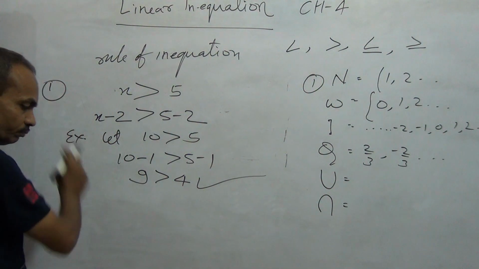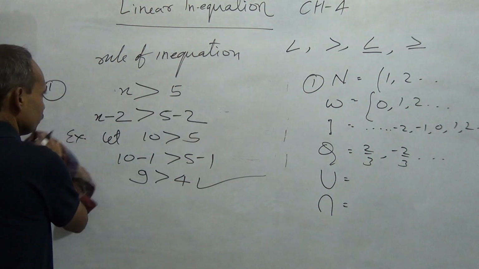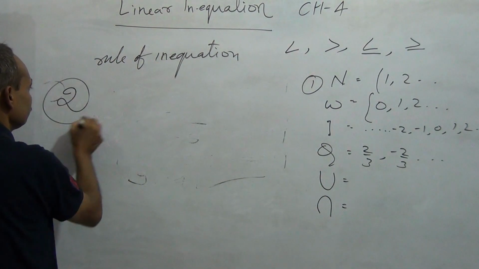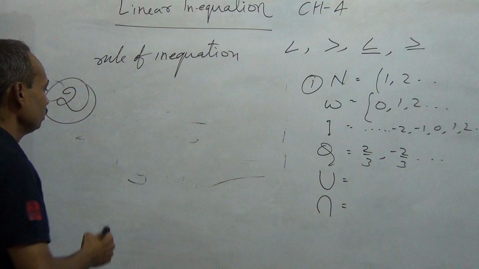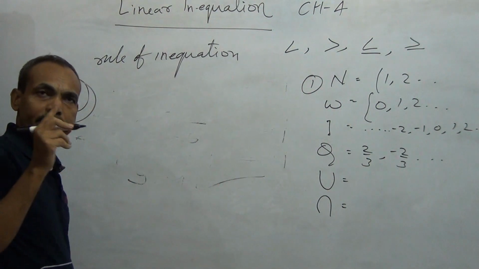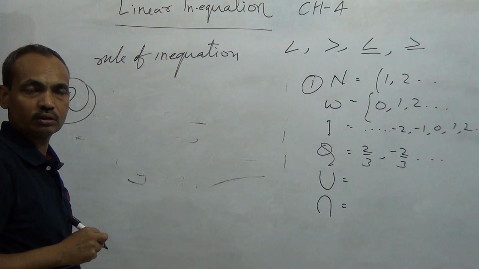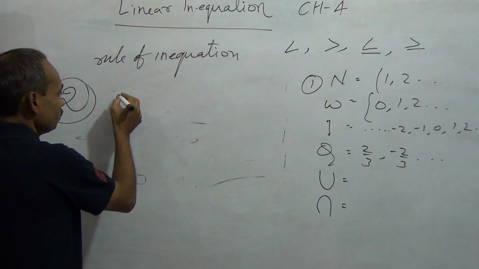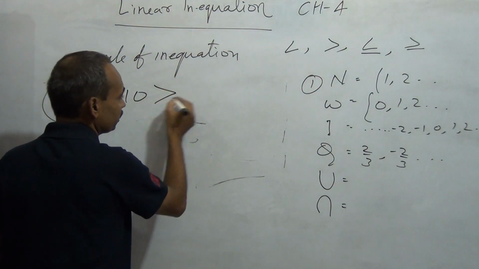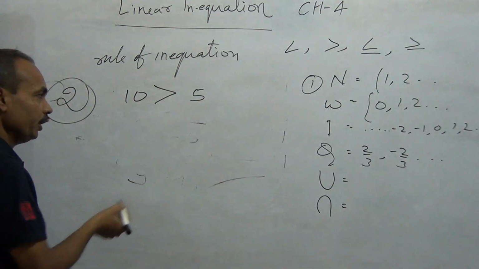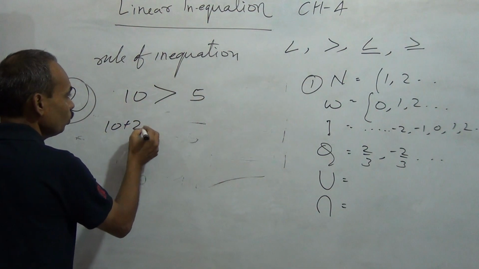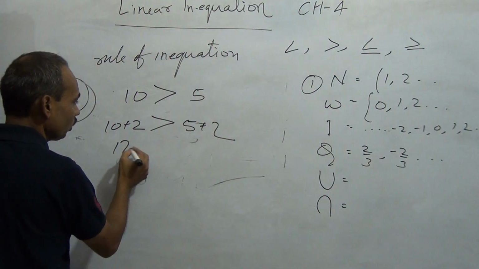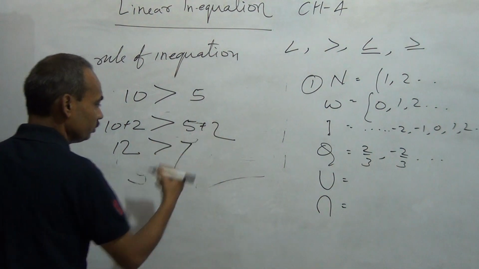Rule number 2: adding any quantity to an inequation, the sign of inequality does not change. Let 10 is greater than 5. Adding 2 to both sides, the value is 12 and this is 7.